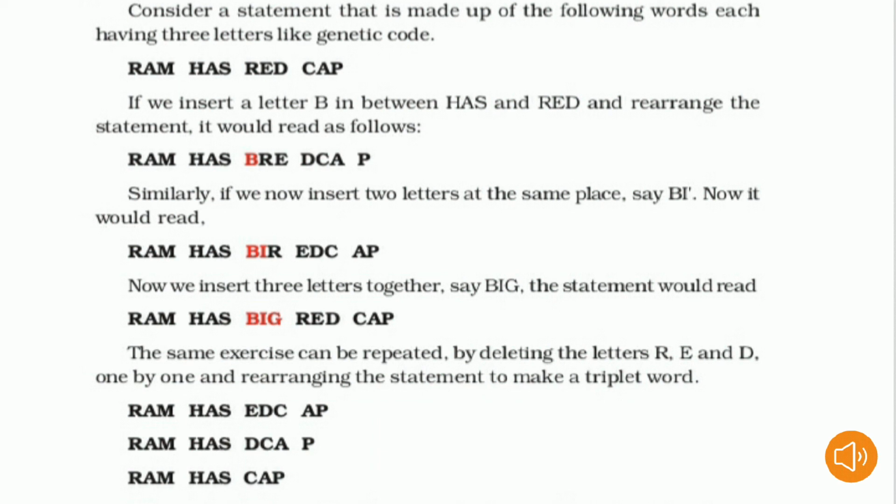Here we removed R and rearranged the sequence. Next, RAM, HAS, DCA, P remains. In that we removed E also and rearranged the sequence. Again, RAM, HAS, CAP. We removed D also. We removed R, E and D one by one. What remains? Ram has cap. This is the given example.